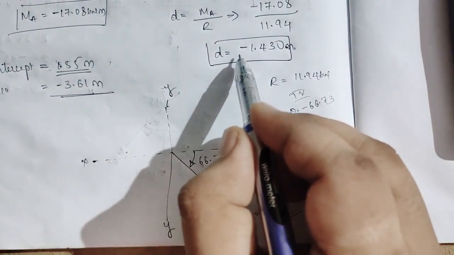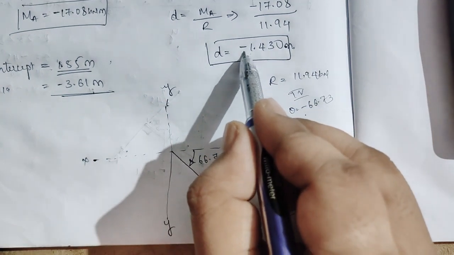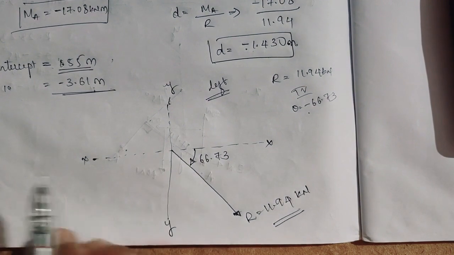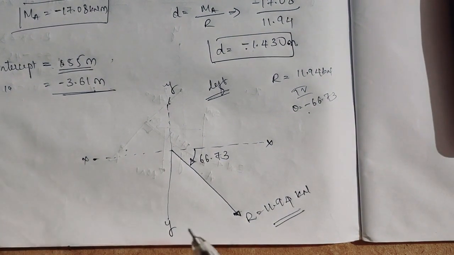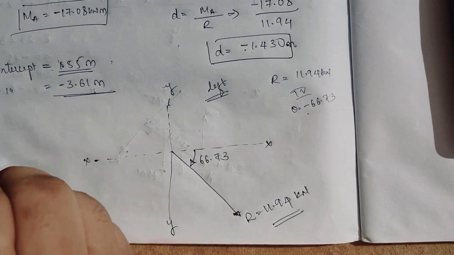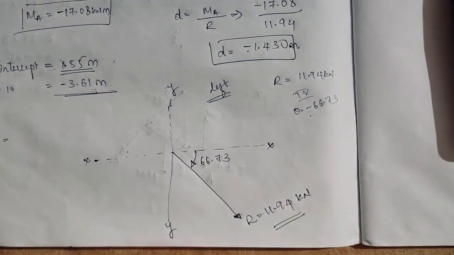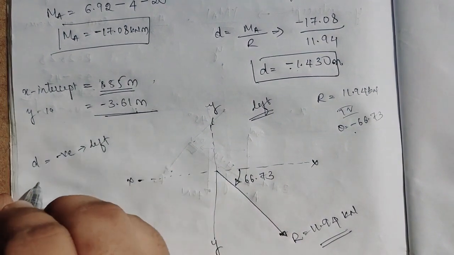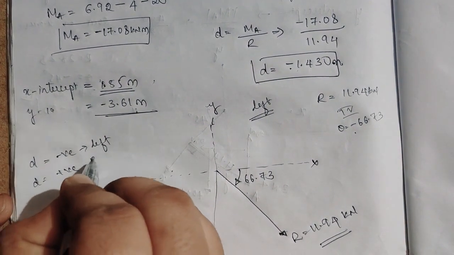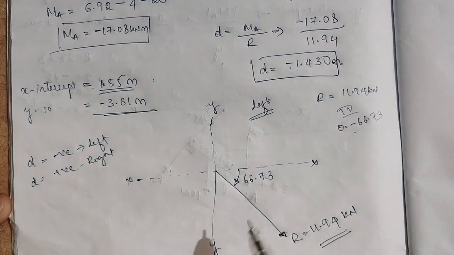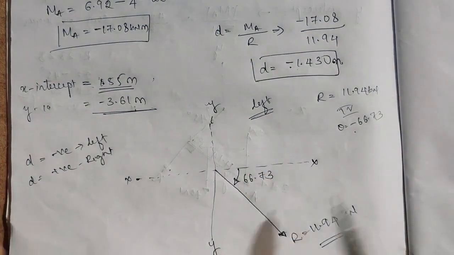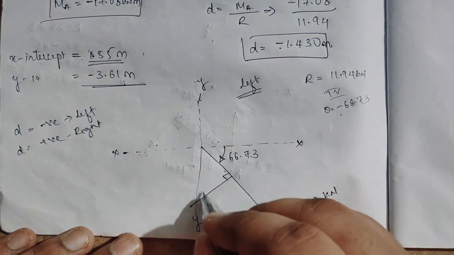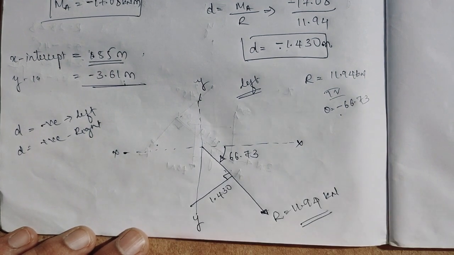Okay, now we have to find the position of A. See here, D is minus 1.43, so minus means it is on the left side. In the last problem actually it should be on the right side. But see here, for the distance D, if D is negative it is on the left side, if D is positive it is on the right side. Now D is negative, right? So let this be the perpendicular, with the distance 1.430.